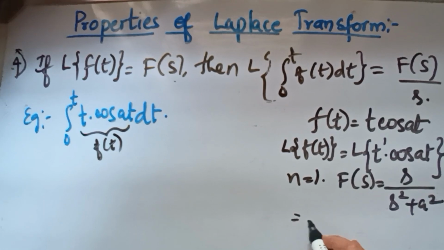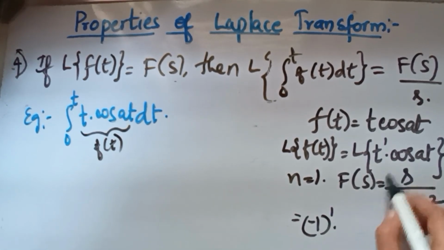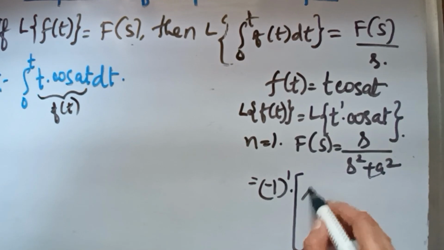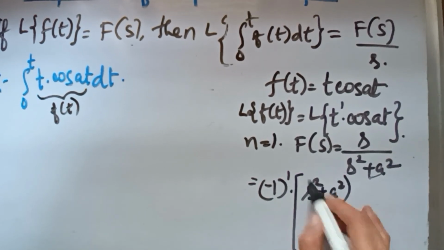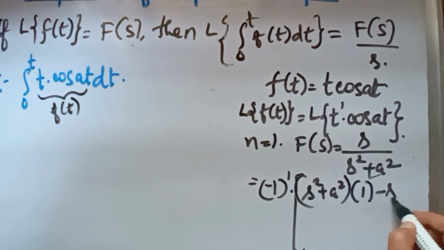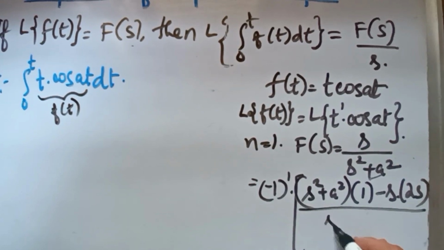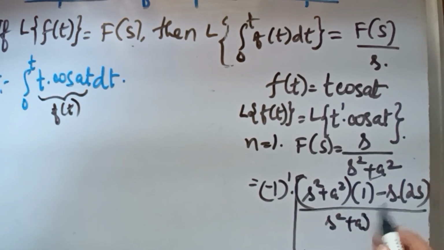So this equals minus 1 power 1 into the first derivative of this. How to find the derivative of this with respect to s? Denominator into derivative of s, which is 1, minus numerator into derivative of the denominator, which is 2s, divided by (s square plus a square) whole square.